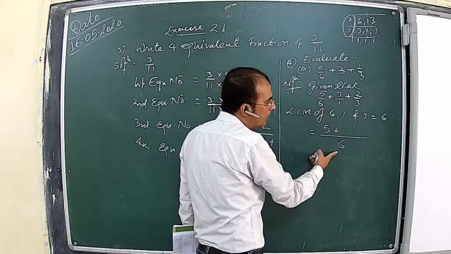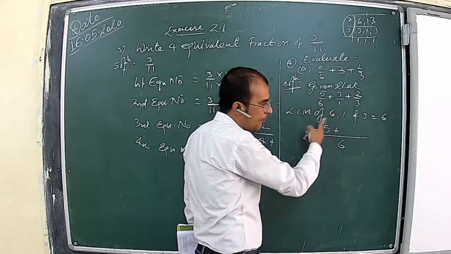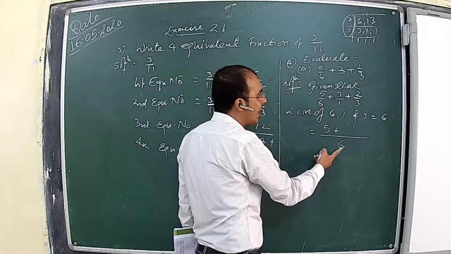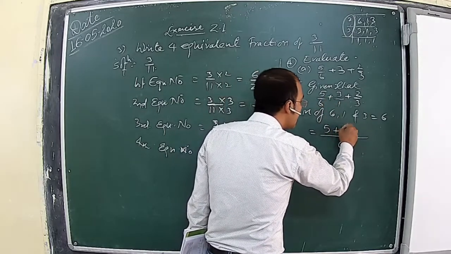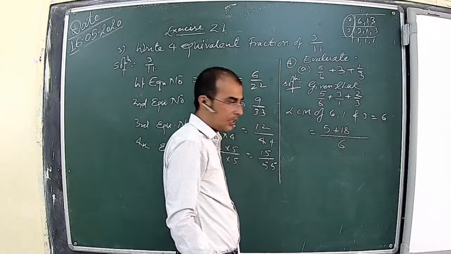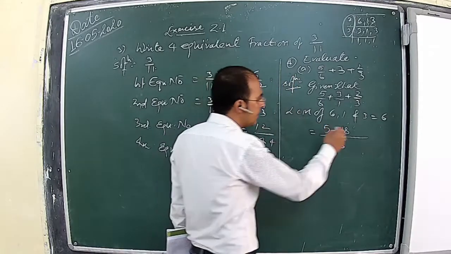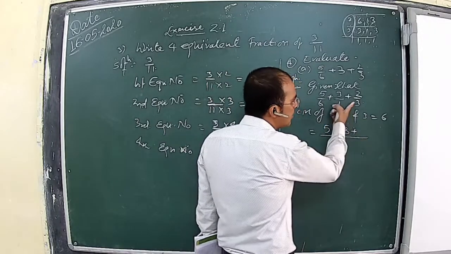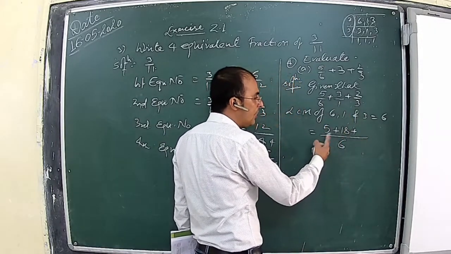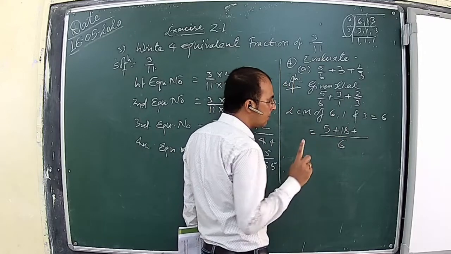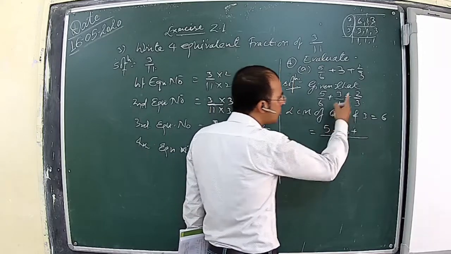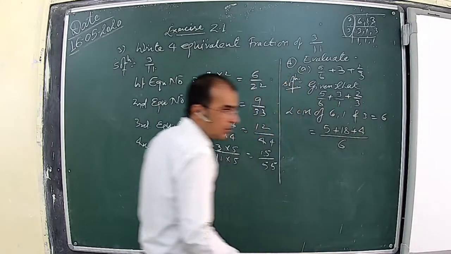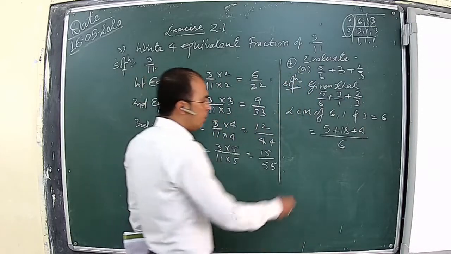Then 6 divided by 1 is 6 times, and 6 times 3 is 18. Plus 6 divided by 3 is 2 times, and 2 times 2 is 4. Is it clear?